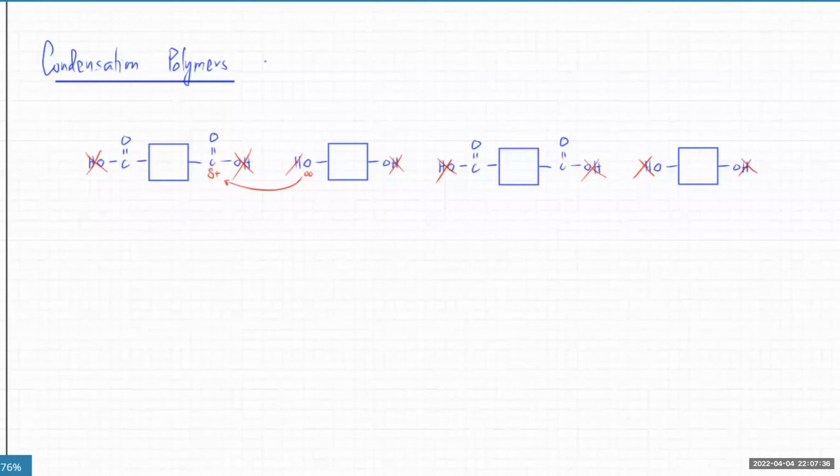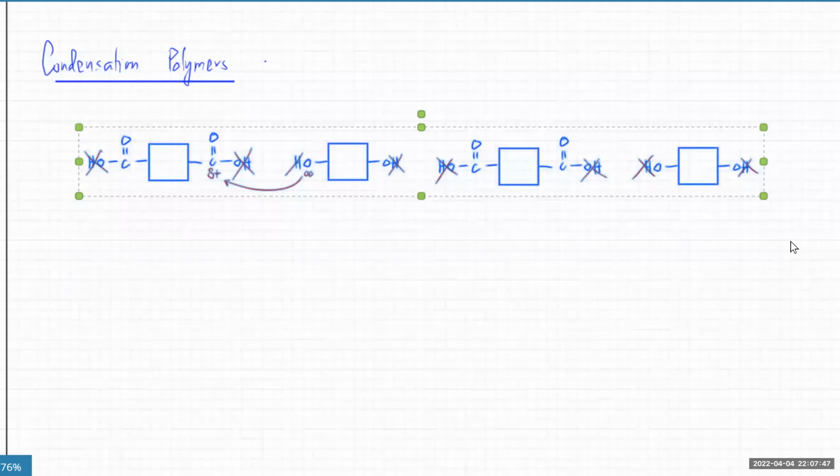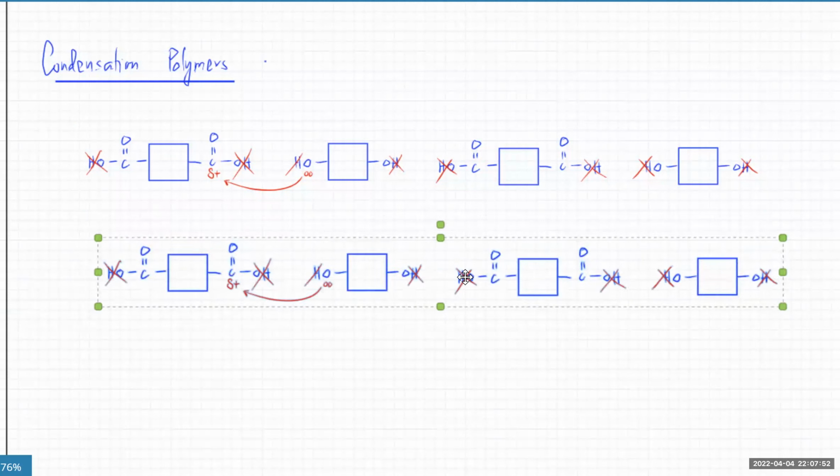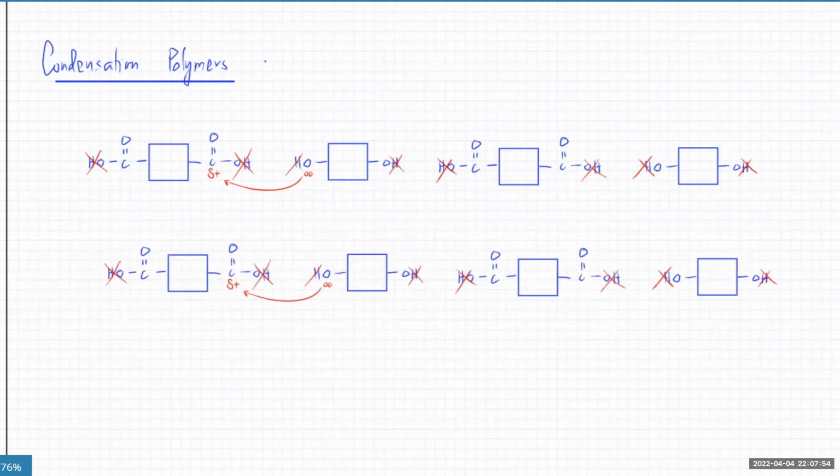The alcohol loses the H, and the carboxylic acid loses the OH. And all of them are going to just add up. And when they add up, I'm going to remove the water molecules from the middle.